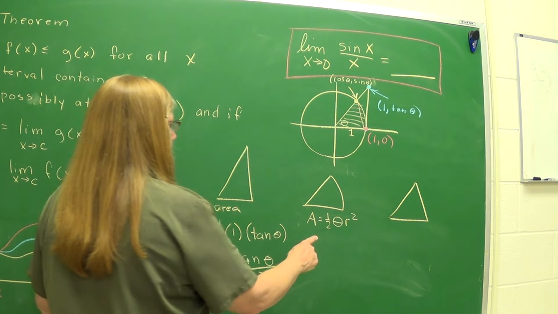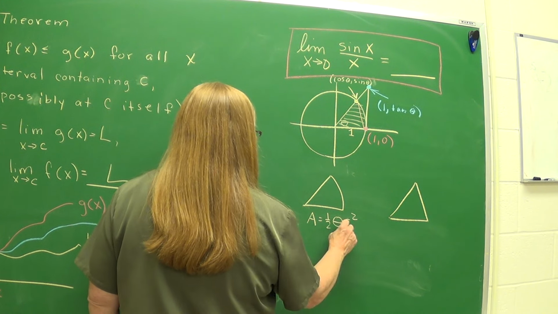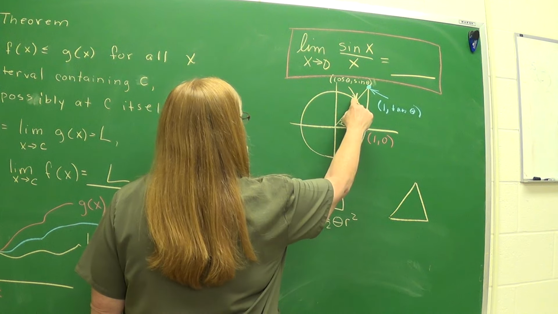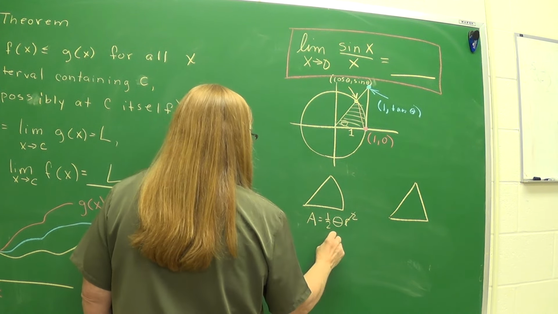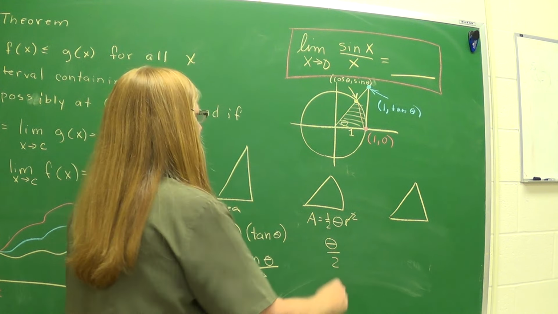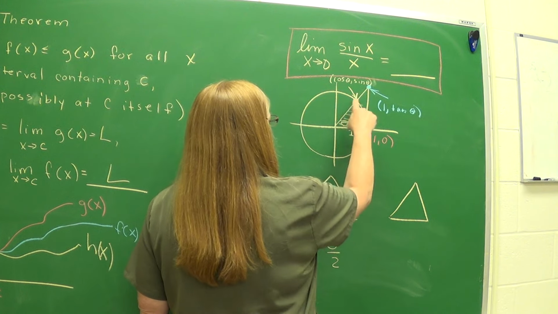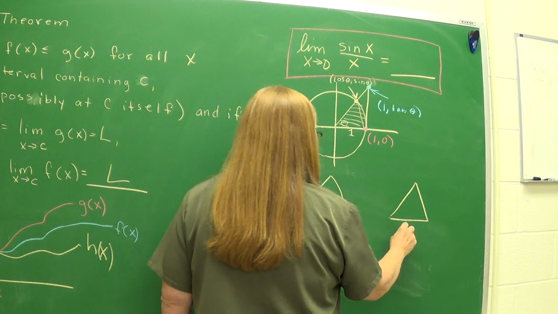So here we have the area equals 1/2 theta r squared, but r, the radius of our piece of pie, is 1. So we end up with theta over 2. And now we go to the smaller triangle, the one with the orange side. It's 1/2 base times height.